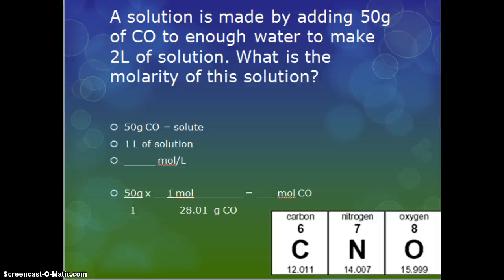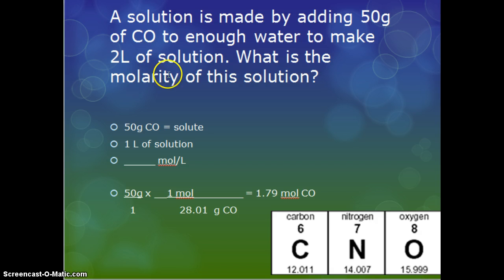Alright, so we put that on the bottom. Now put it in your calculator. We multiply everything on the top, divide it by everything on the bottom. And we get 1.79 moles of carbon monoxide. Alright, now what? We want to find moles per liter, so we would do what? We know how many moles we have now.